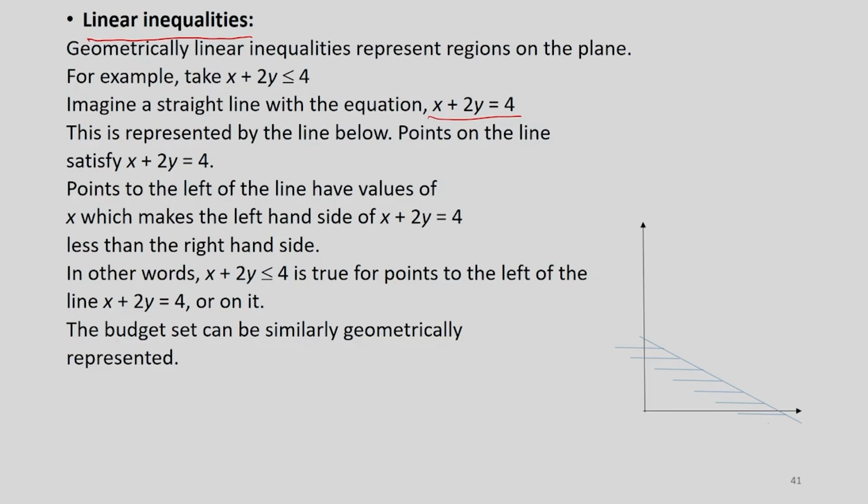This is represented by this line. Points on the line will satisfy x plus 2y is equal to 4. We have seen before how to plot a straight line. If we are given a linear equation, we know how to plot it. So, points on the straight line will satisfy this particular equation.